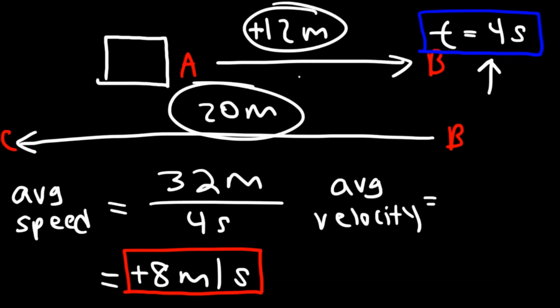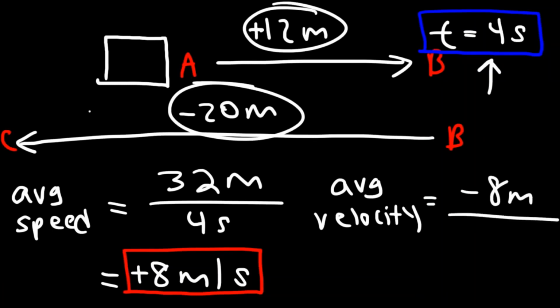It's going to the east. For the second part of the trip, the object is traveling to the west, so it's negative 20 meters. So if we add up 12 and negative 20, we get the displacement, which is negative 8 meters.